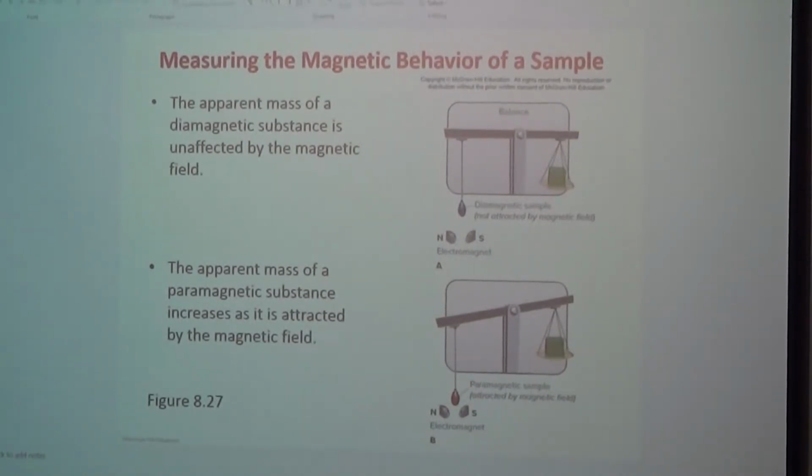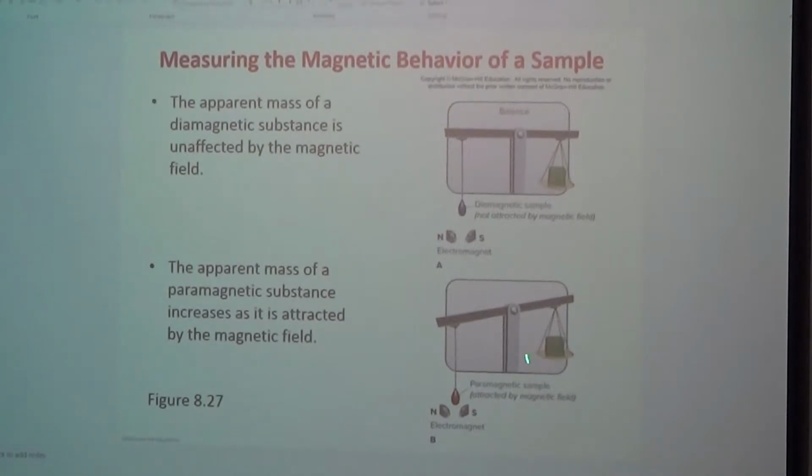If we have unpaired electrons, like we do in the case of iron here, then those unpaired electrons interact with this magnetic field. What was a horizontal beam will shift, because these unpaired electrons get attracted into that magnetic field. Instead of being horizontal, it'll pull it down towards the magnetic field.